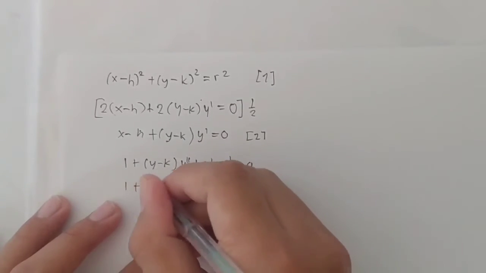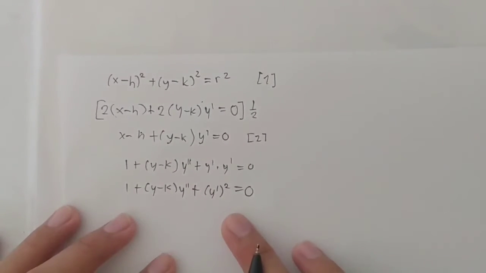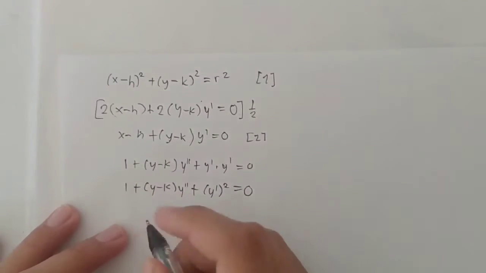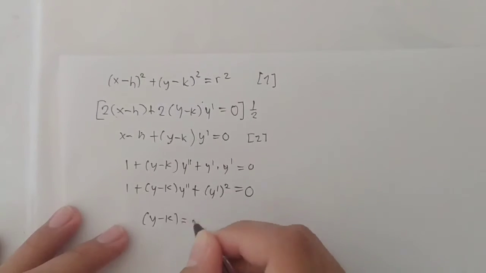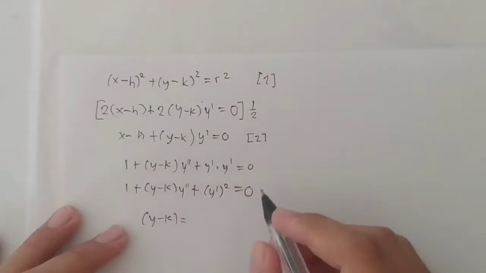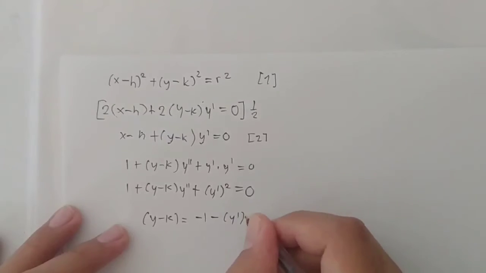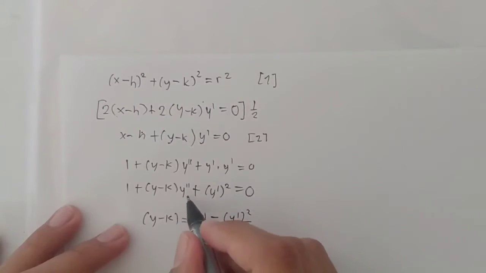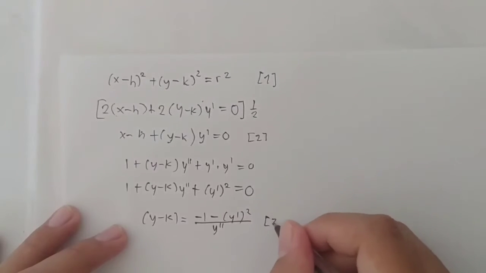We can simplify it and find y - k. Moving this to the right side, y - k equals negative 1 minus y prime squared, divided by y double prime. This is our equation 3.